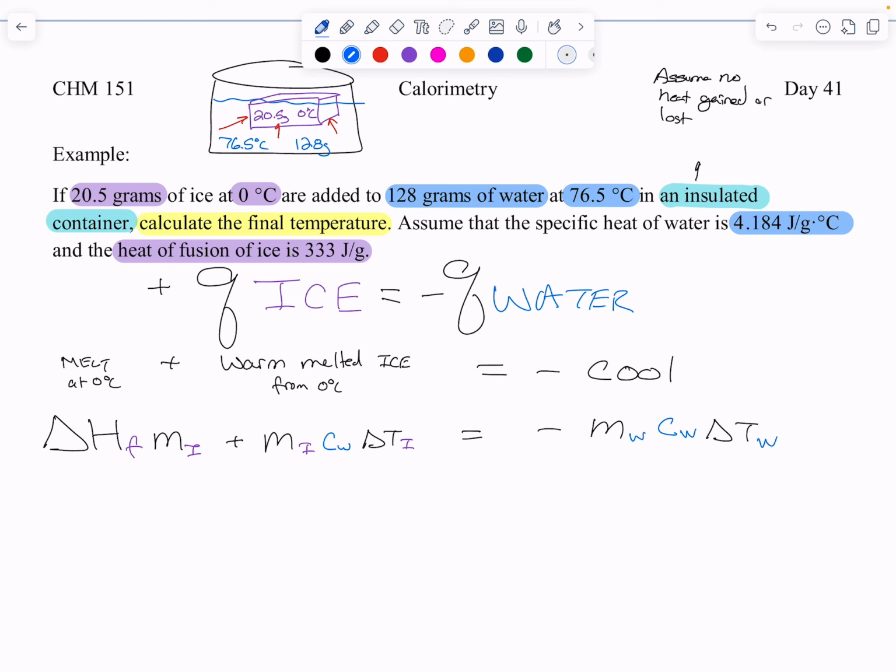What's physically going on? All right, I'm going to expand this one more time.